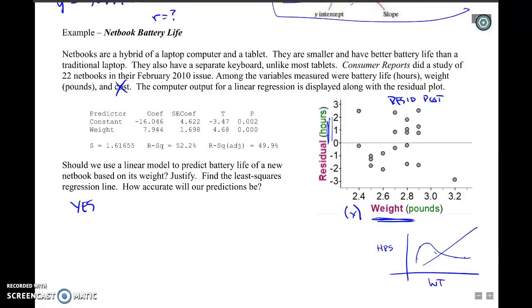Yes. Justify. The residual plot of this linear regression has random scatter, or has no pattern, however you want to say that.